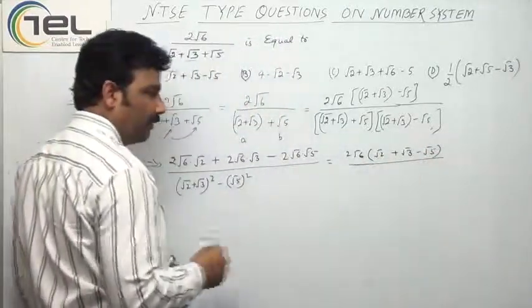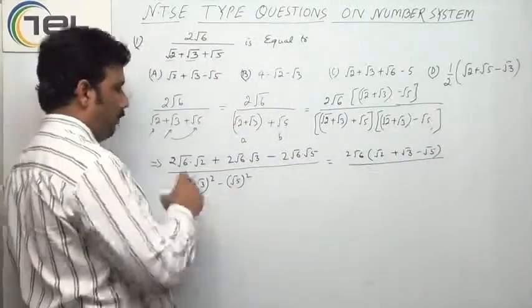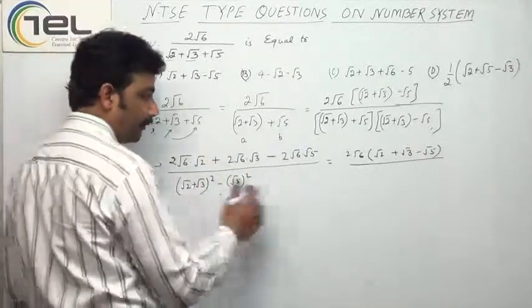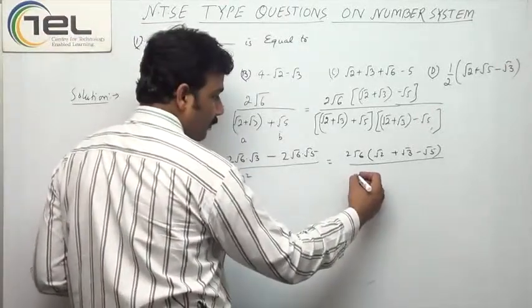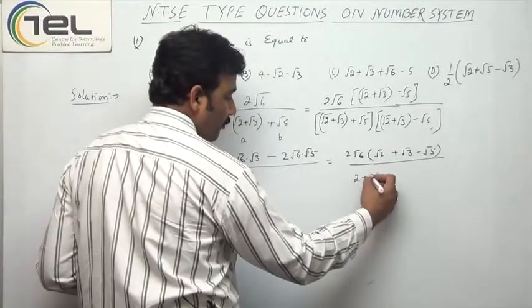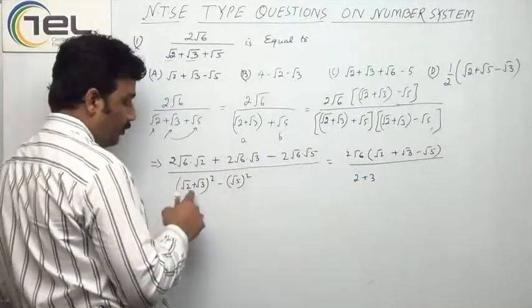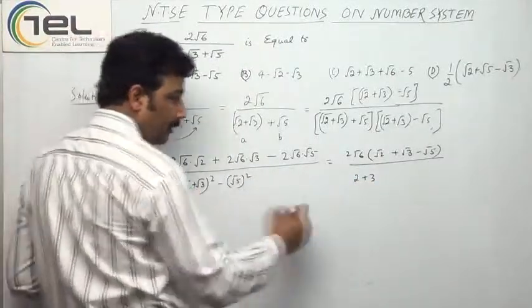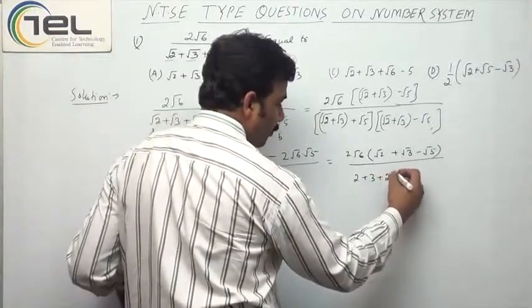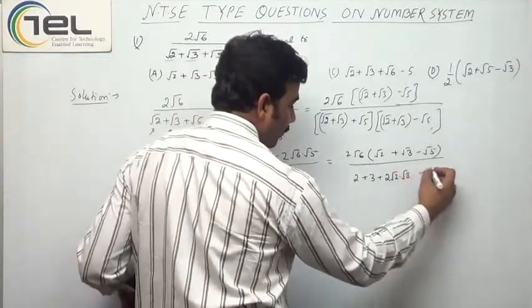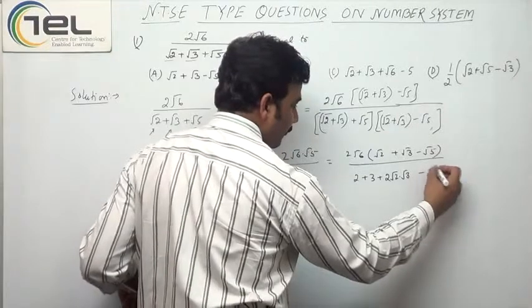I don't want to multiply. Let's check whether even then we can simplify. It will be 2 plus 3, root 2 square is 2, root 3 square is 3, plus 2 times root 2 into root 3, minus 5.